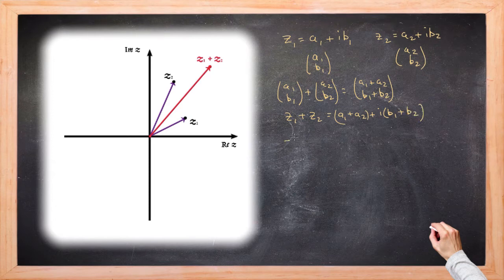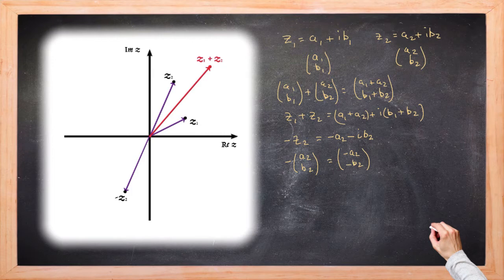Negative z2, well, it has an associated vector with components negative a2, negative b2. And that means negative z2 has a real part negative a2, and an imaginary part of negative b2.